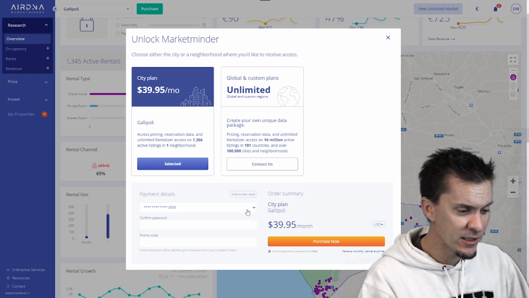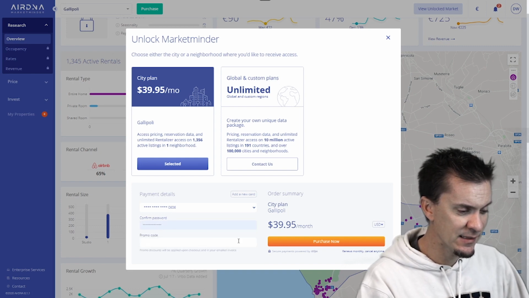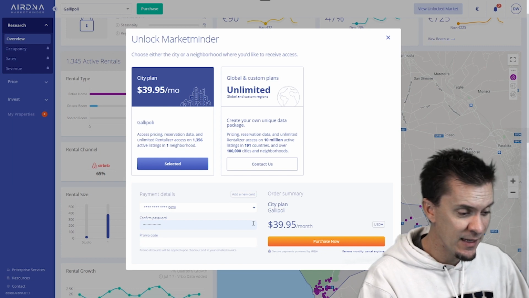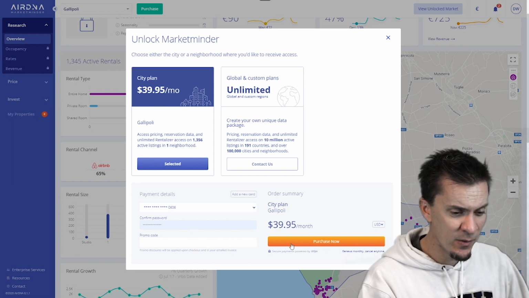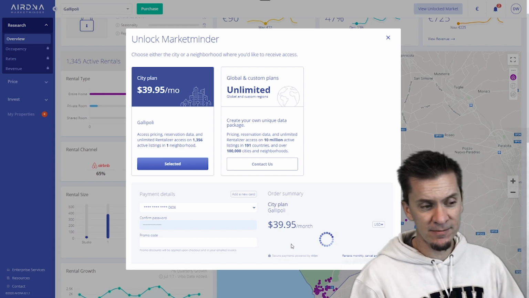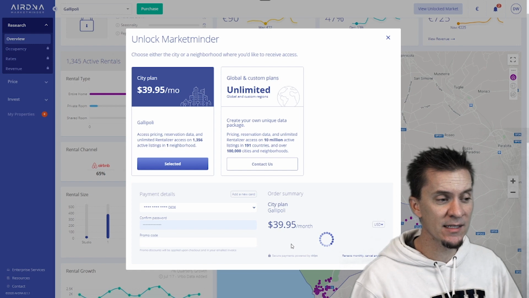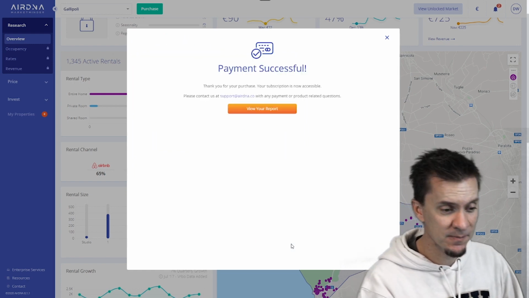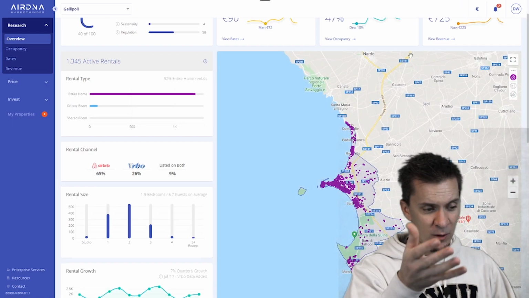Okay, so I've actually already got this set up. And so if you have a promo code, you can insert that here, but otherwise you just hit purchase now, and you'll see here in a second that all of Gallipoli is going to be unlocked and accessible to me. Okay, you can go view your report and it opens up.